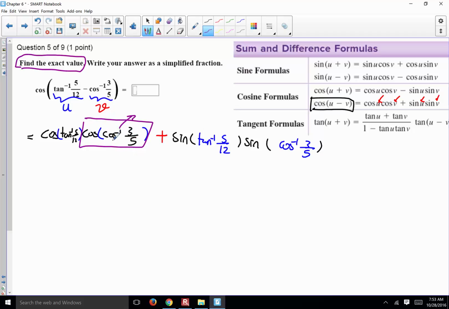There is an angle whose cosine is 3/5, and you're putting it in cosine again. What will be the result? Nobody knows? Yeah, it's just 3/5. So these two cancel each other and it becomes 3/5.